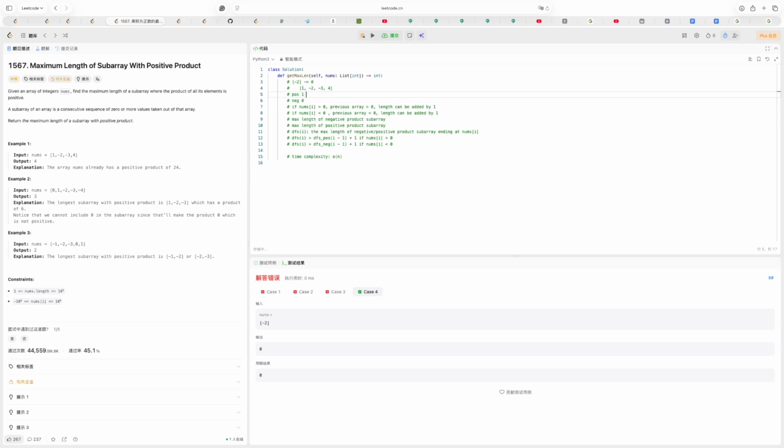When we are at negative 2, positive is 1, negative is 2, but it is smaller than 0, so it will be added by 1, and positive should be 0.